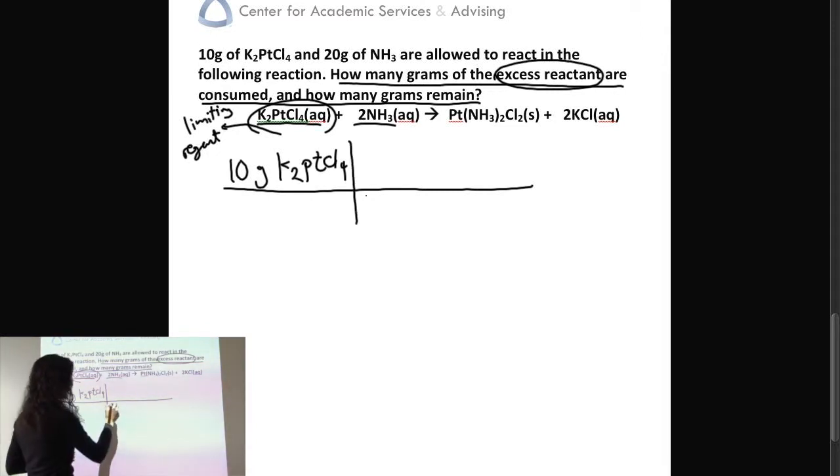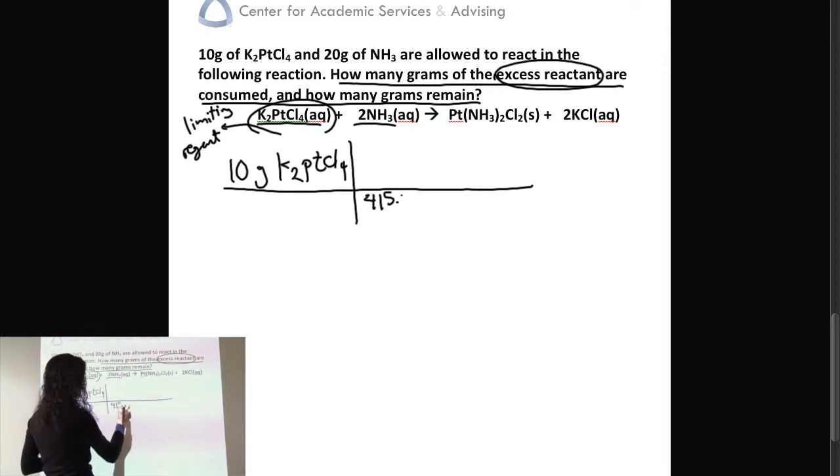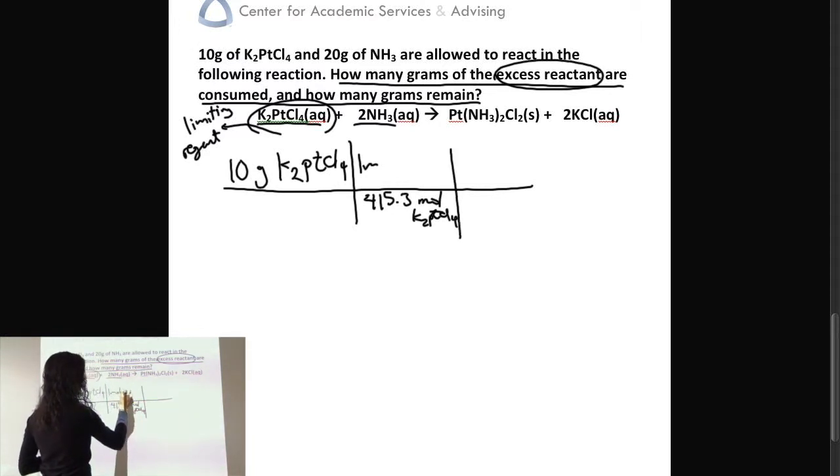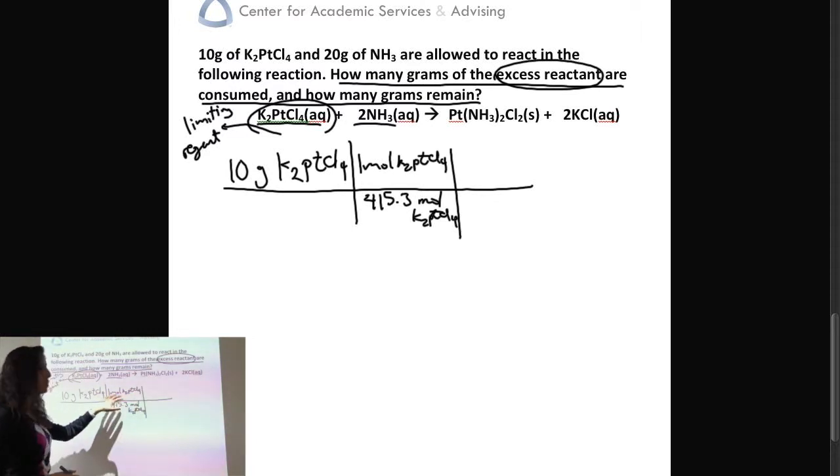And once again, convert this to moles. And then relate the moles of K2PtCl4 to the moles of NH3.